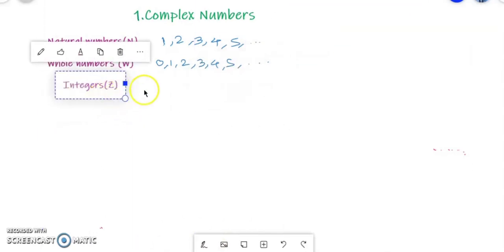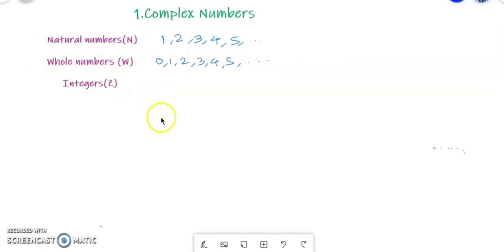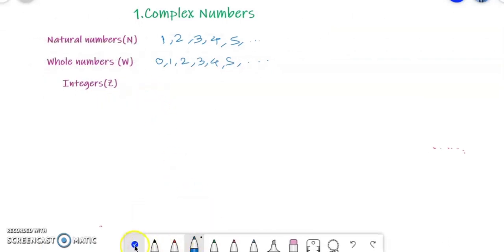Then we saw the next set of numbers, that was integers. Now integers is a set which contains numbers like, what kind of numbers? It is -3, -2, -1, 0, 1, 2, 3 and so on. Here also you will have infinitely many negative numbers, and infinitely many positive numbers.